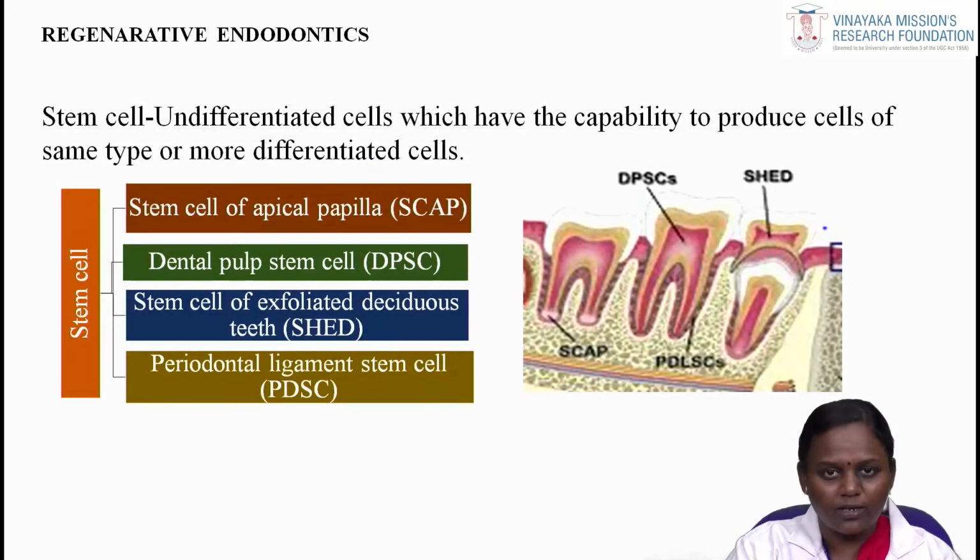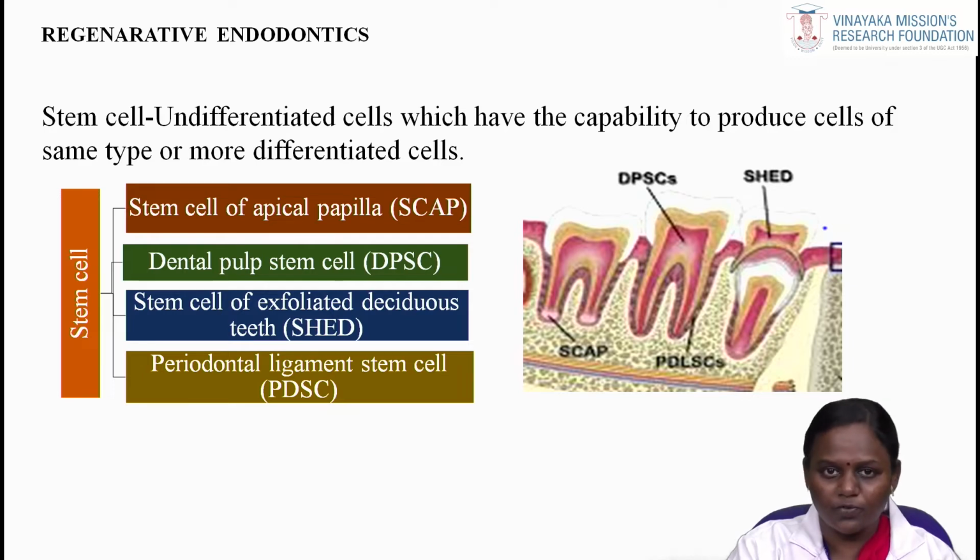What is a stem cell? It is nothing but undifferentiated cells which have the capability of differentiating into cells of the same type or different types. There are different types of stem cells available in the oral cavity. Stem cells of the apical papilla, dental pulp stem cells, periodontal ligament stem cells, stem cells of the deciduous tooth.